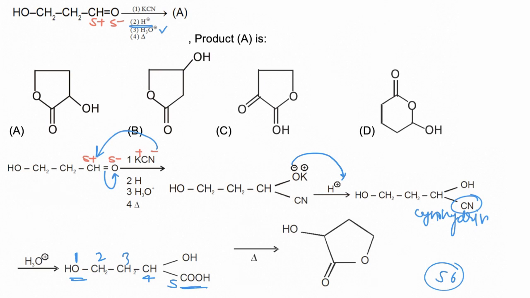So now this OH will act as a nucleophile and an esterification reaction takes place, due to which a cyclic ester is formed, a 5-membered cyclic ester, and hence the correct answer is A.